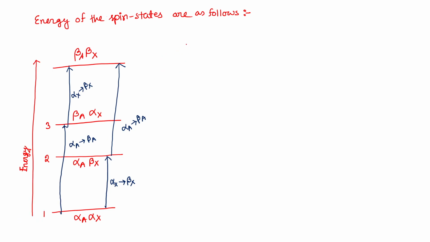Suppose the energy difference between E2 minus E1, that is related to the spin reversal of X nuclei, is nothing but you got the values, right? So the second one is alpha X, alpha A, beta X. So the energy is minus gamma B0 h cut sigma X minus sigma A divided by 2, right?